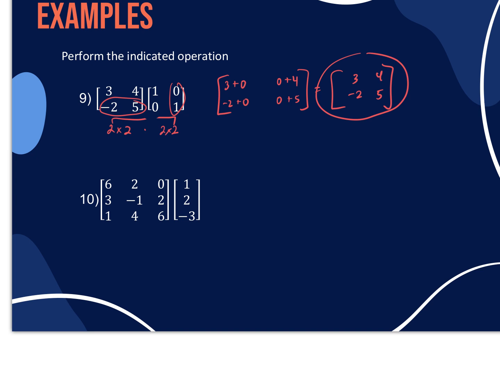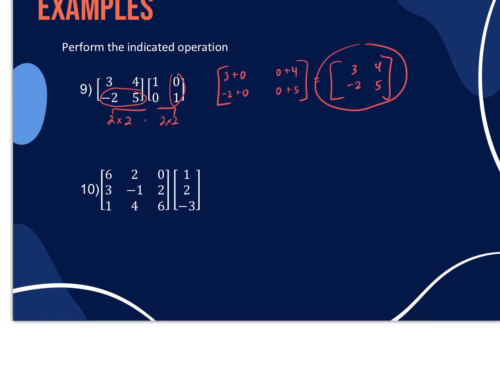Okay? And then the last one again here, this is a 3 by 3. And I come to the next one, and this is a 3 by 1. So I know my final answer is going to be a 3 by 1 matrix, which is probably the better word, right?